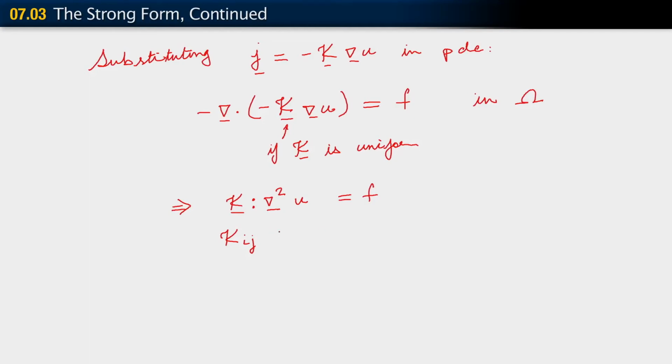And what this is doing for us is kappa ij multiplying u i comma j. In this context, that is the Hessian operator.